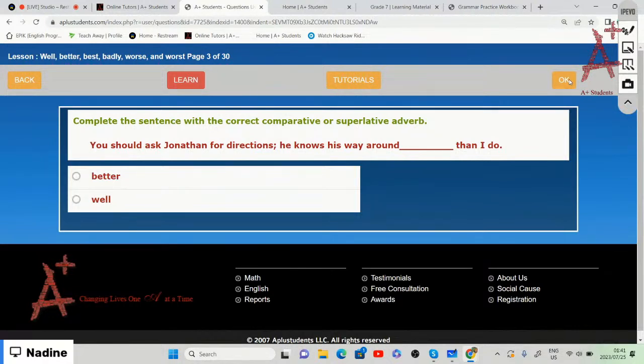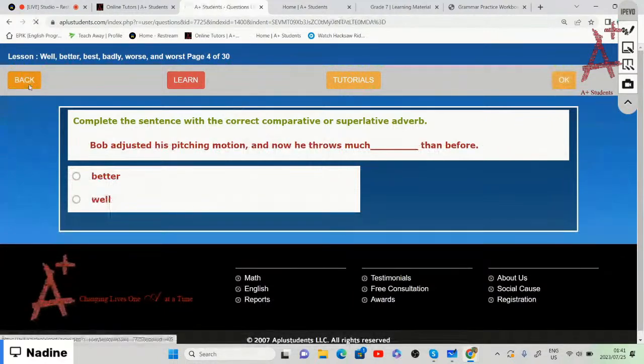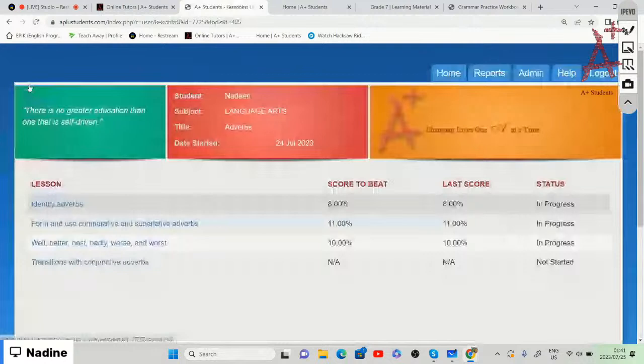So it's a comparative adverb, right? And if it's a comparative adverb, then we will say it is better than I do. And that is a comparative adverb being compared to another person. And remember, we said superlative is when it is being compared to a larger group, right?